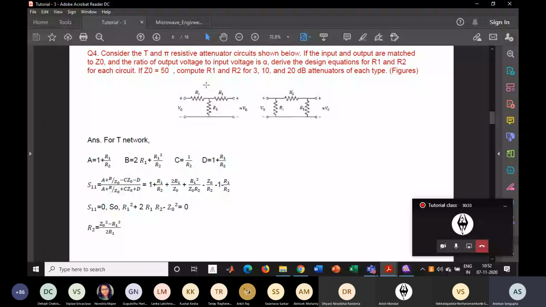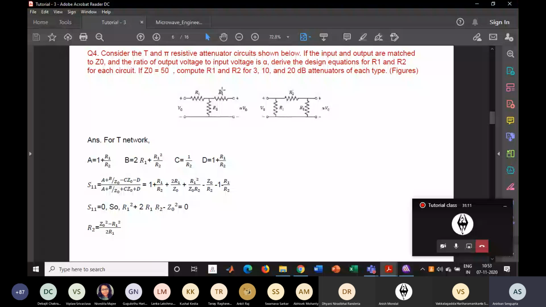To calculate the ABCD parameters of the total circuit, you have to divide the circuit into three parts. Suppose for the first case, the T network: this R1 consists of one network, this R2 consists of another network, and this R1 consists of another network. You take the ABCD parameters of these three parts, cascade and multiply them, because this is the easy way of calculating the ABCD parameters of a whole network.